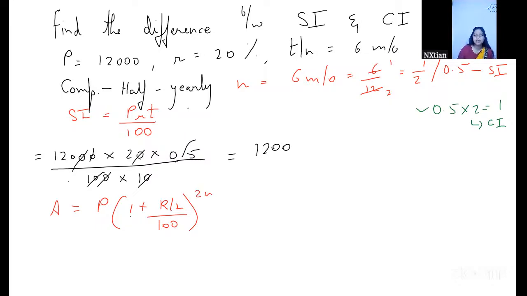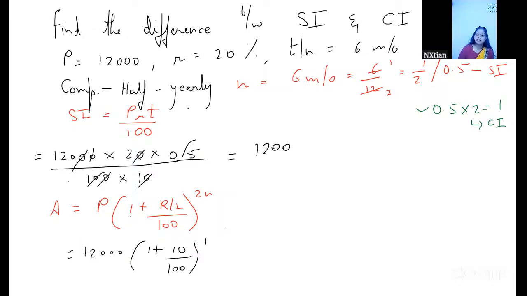Try this out. 12,000 into 1 plus R by 2, 20 by 2, 10 by 100. N is 0.5, 0.5 into 2, 1. Raised to the power 1. Or you can just write it as it is.